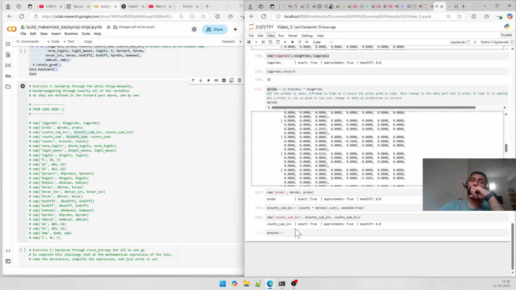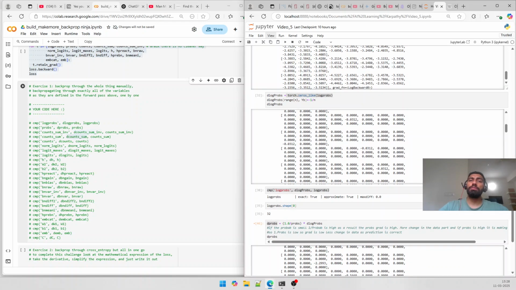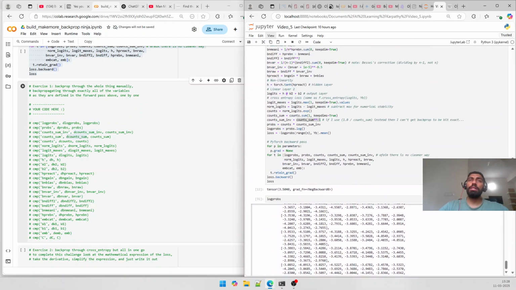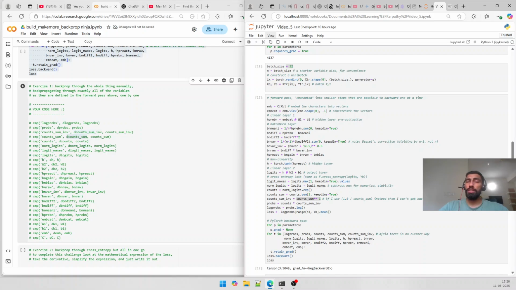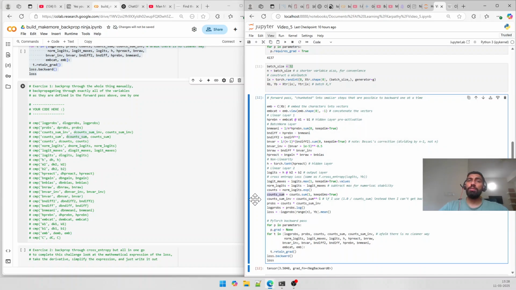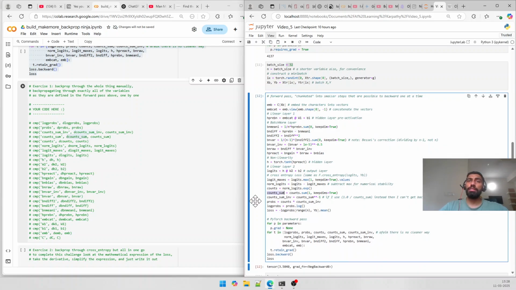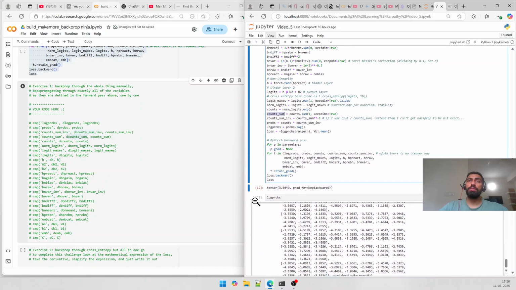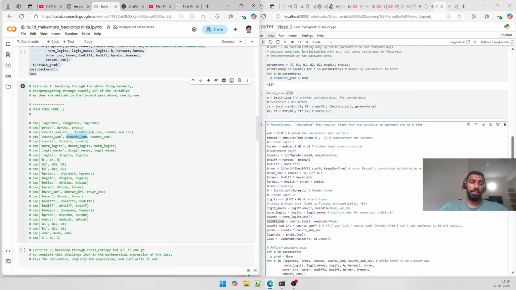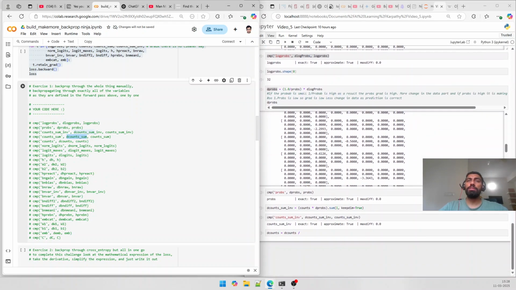What we need to calculate is d counts by the local derivative. Sorry, d count sum. So we need to calculate this individual.